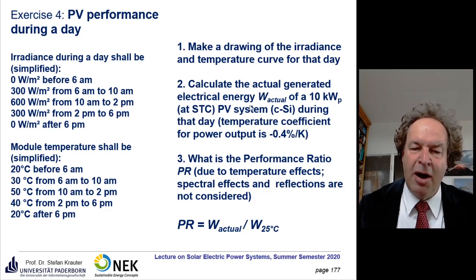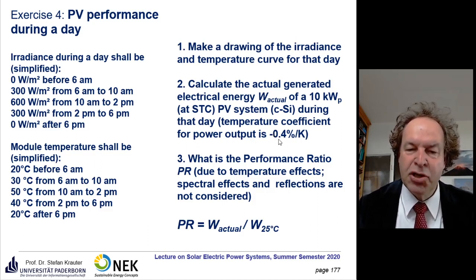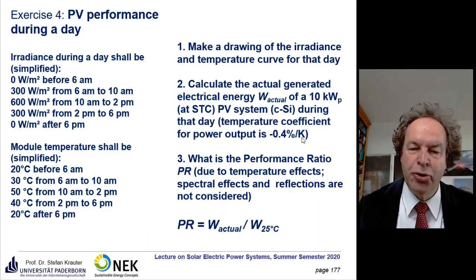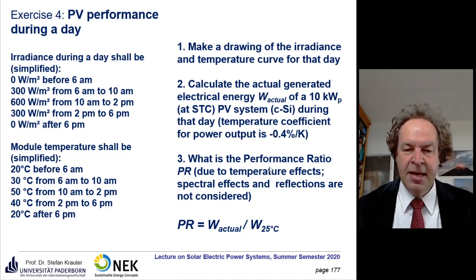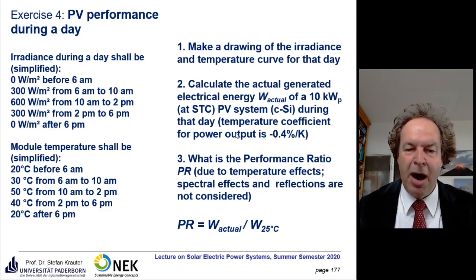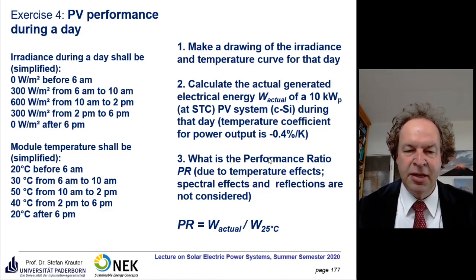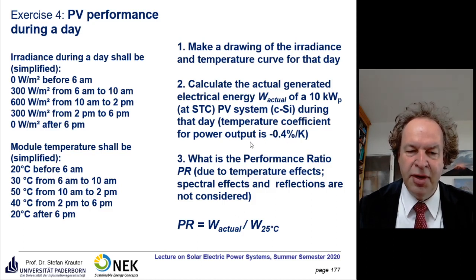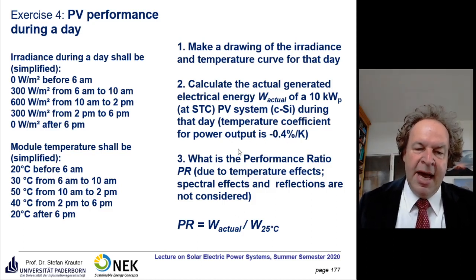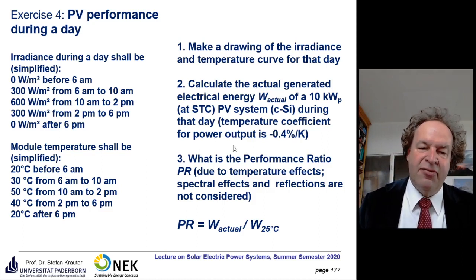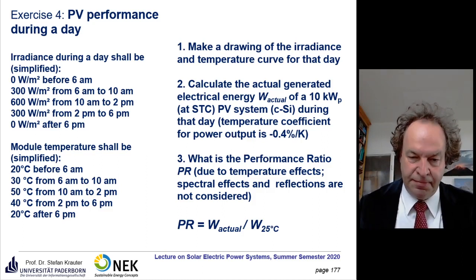You should consider, because it's crystalline silicon, that the temperature coefficient here is minus 0.4% per Kelvin temperature increase. So that's for power output. You don't have to consider the voltage, fill factor, and current, it's already for power output. And then there's asked for the performance ratio.